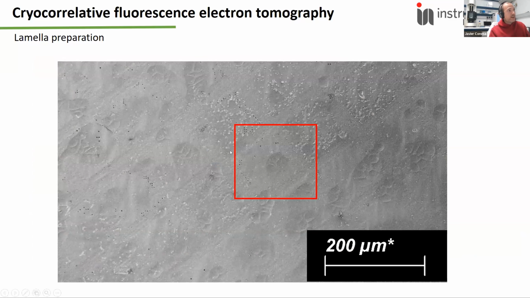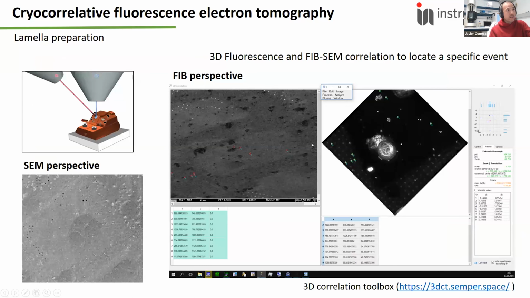So here, to simplify the workflow, we relocate the cells that we previously analyzed by cryofluorescence microscopy. Then, using the fiducial markers, we transfer the coordinates of the fluorescence images to the FIB and SEM perspective, selecting the corresponding same beads in both imaging modalities.